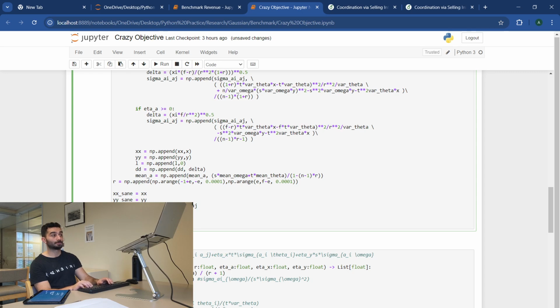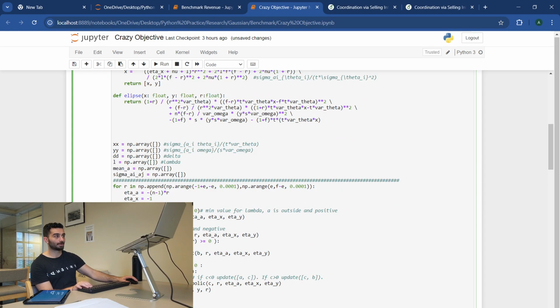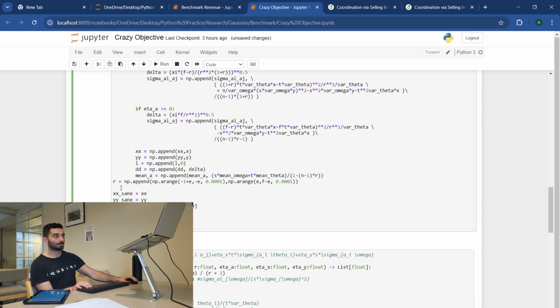Objective chain is not true. Equals what was that? Eta A. But eta A is changing. So I have to change. Eta A is minus n minus 1. Okay, I can add objective here too.